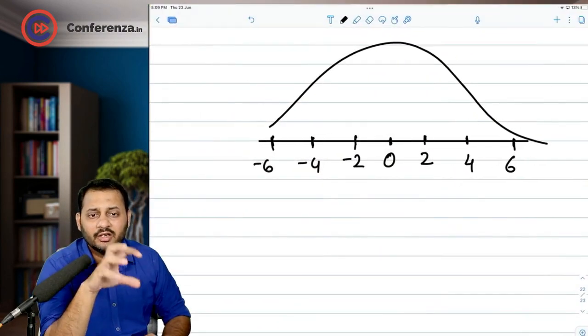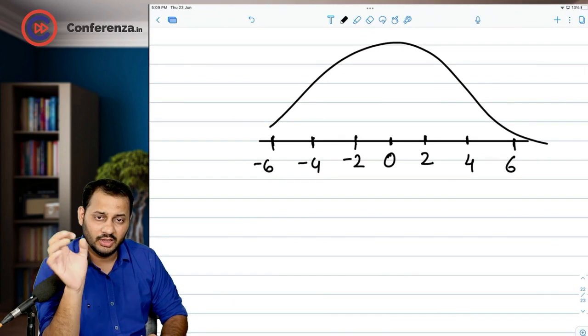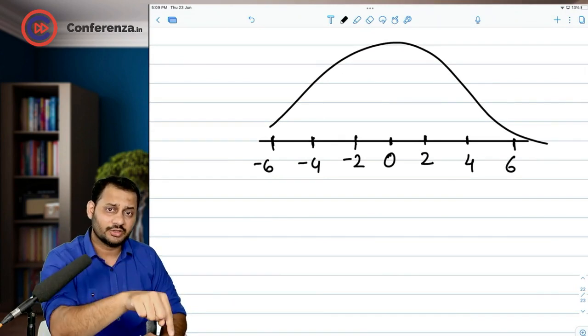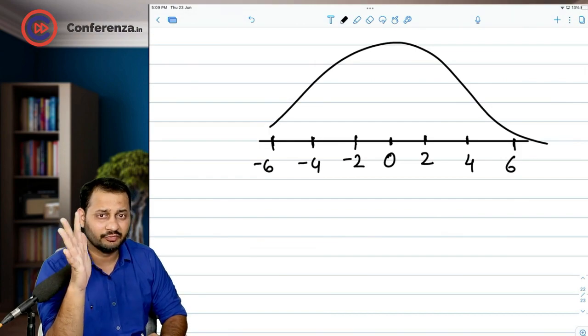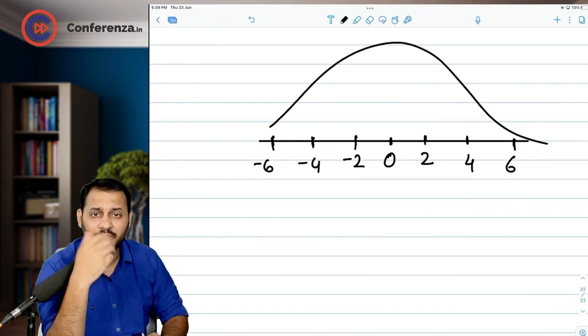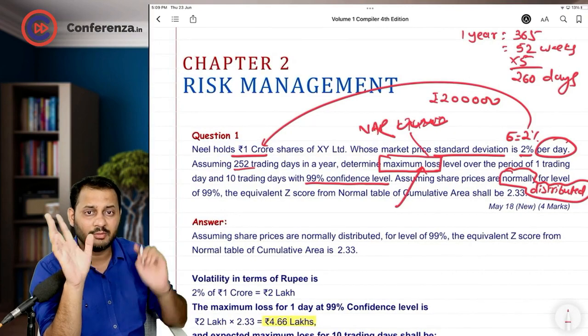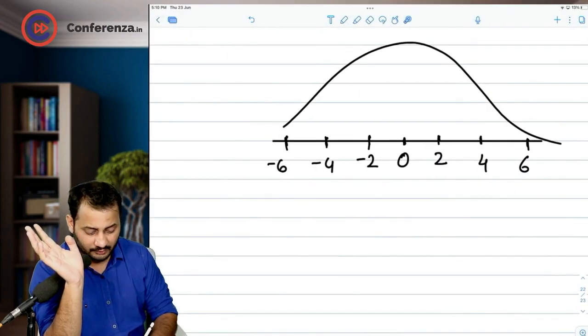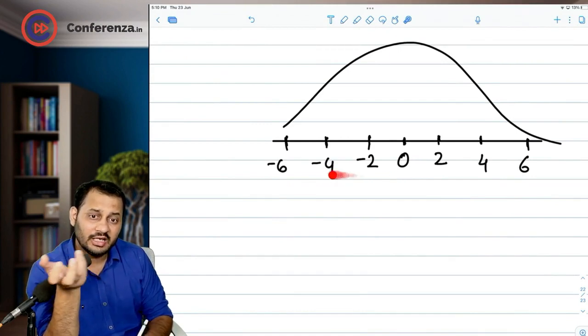Cover up the area of 99% and tell me the figure of loss that is going to be the maximum loss. What should be the figure of loss where you will be 99% confident that the loss will not go beyond that? Now please understand one thing. First of all, they are talking about loss. That means they are talking about the area, the figure on the left side.